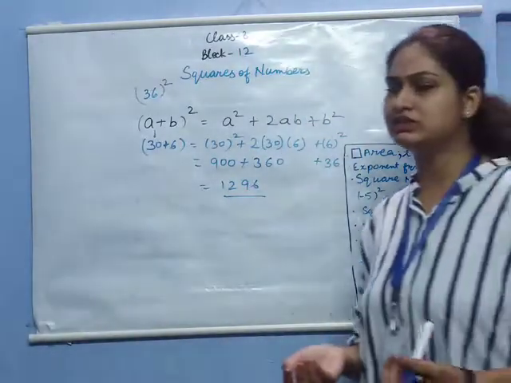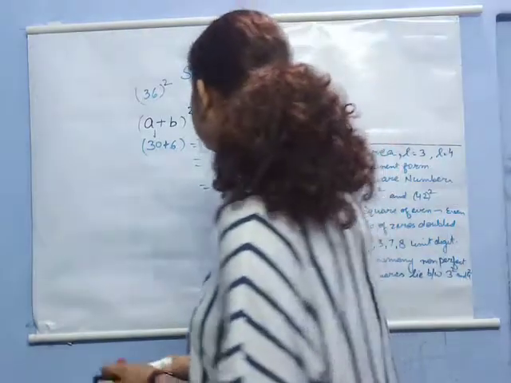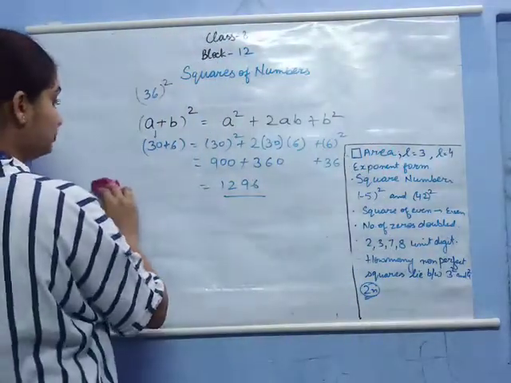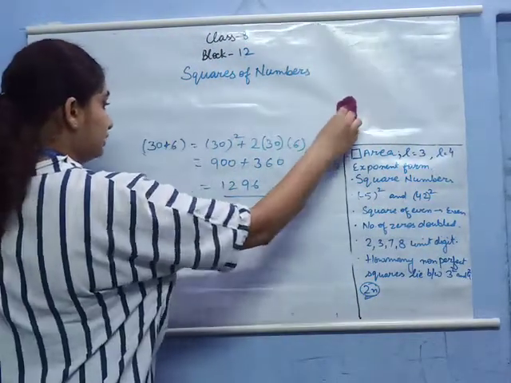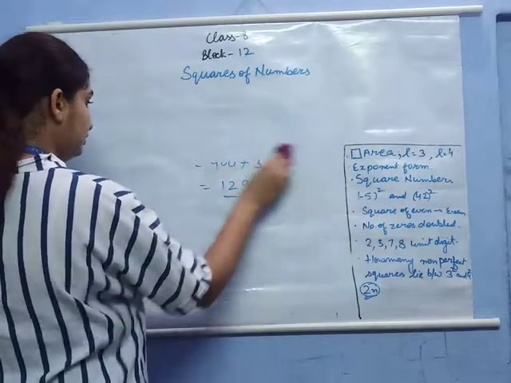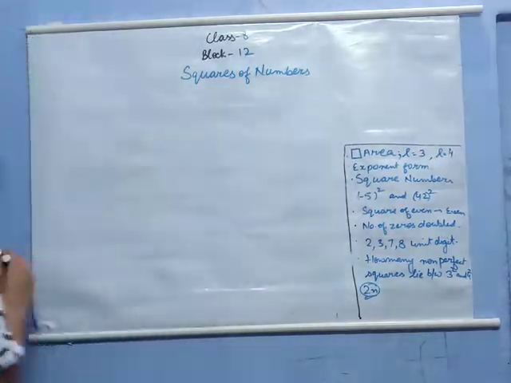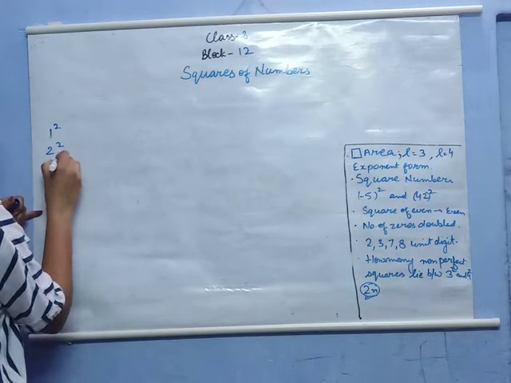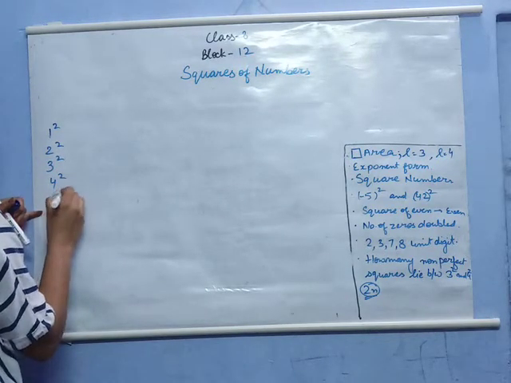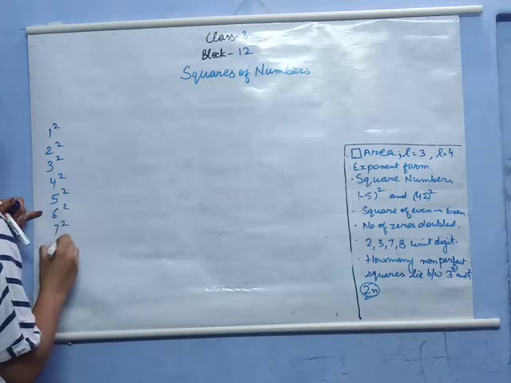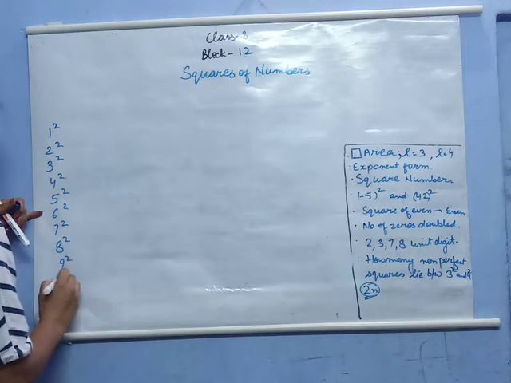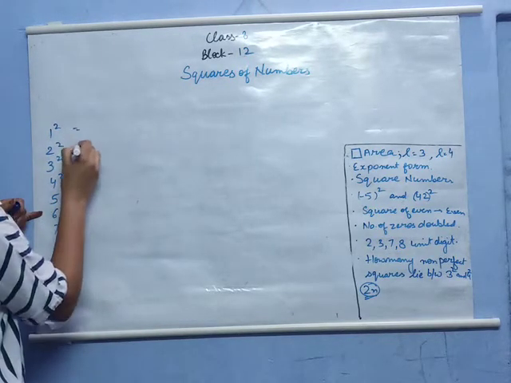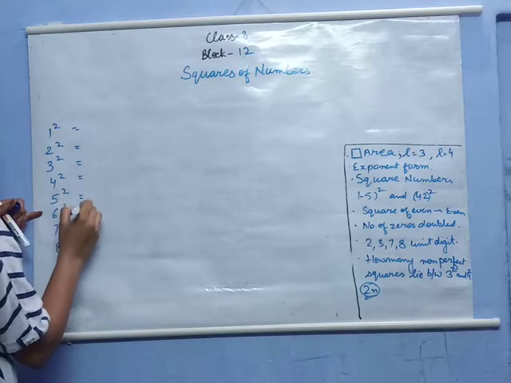Right? If the number is up to 10, then you have to memorize it. It's very easy. Let me write all the numbers. One ka square, 2 ka square, 3, 4, 5, 6, 7, 8, 9, 10. Square means multiplication of the number by itself.